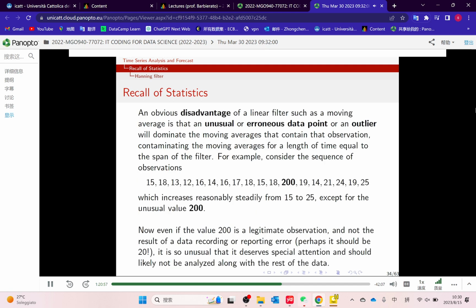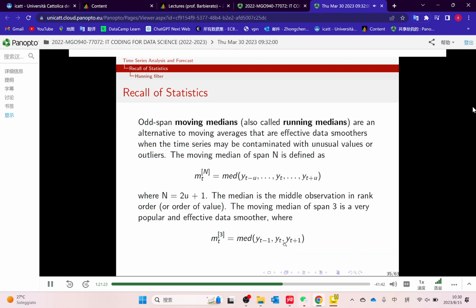Now, I was saying before that the average in general is not a good index for a lot of reasons, but this is quite evident. Imagine this is your time series, so you have 200. 200 might be an anomaly, it might be an outlier, or maybe it might be a legit value, but this will derange your calculations. But this is expected because the average is not a good indicator. Typically, you use the median. The median is, well, I will not explain it because we've seen it already in the statistics class, a more robust indicator.